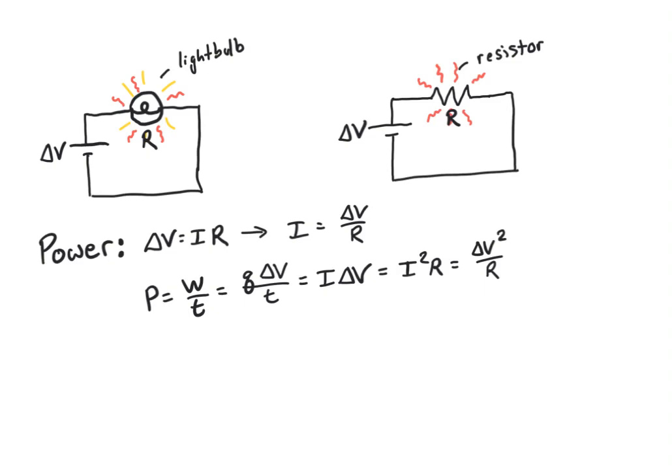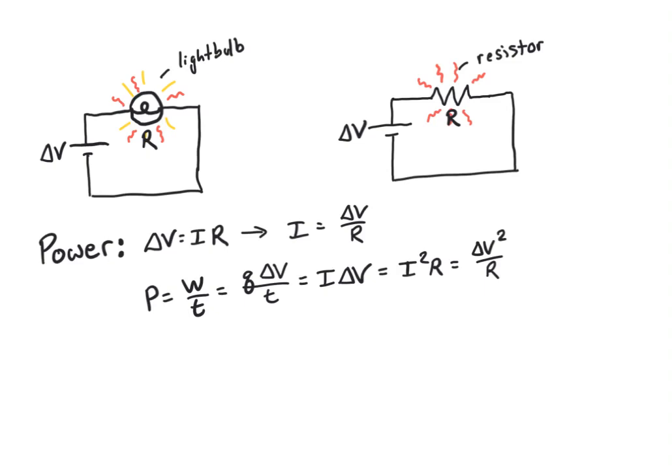And it's important to note that I is the current through the element using up the energy, delta V is the potential difference across that element, and R is the resistance of that element.